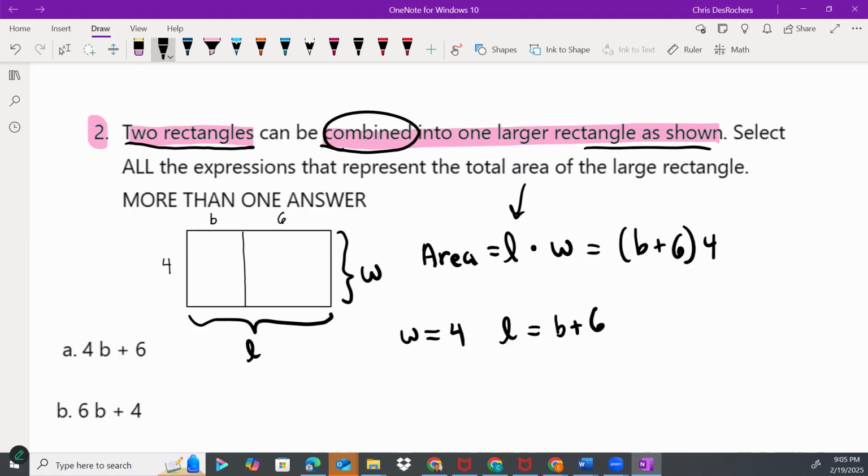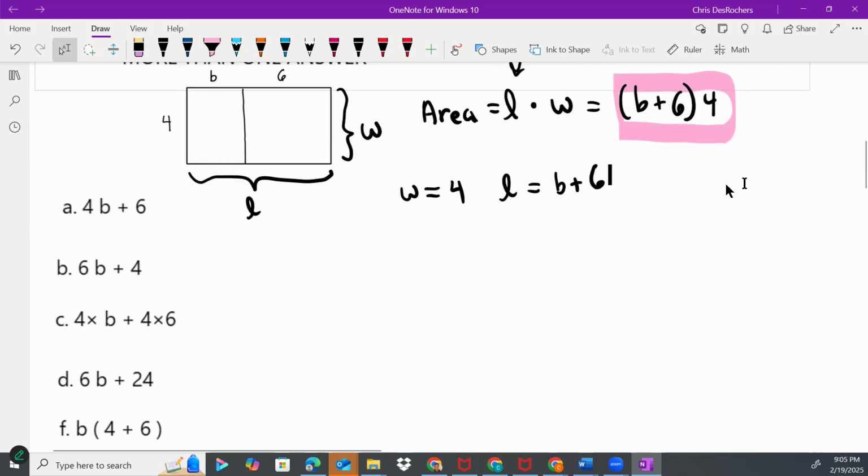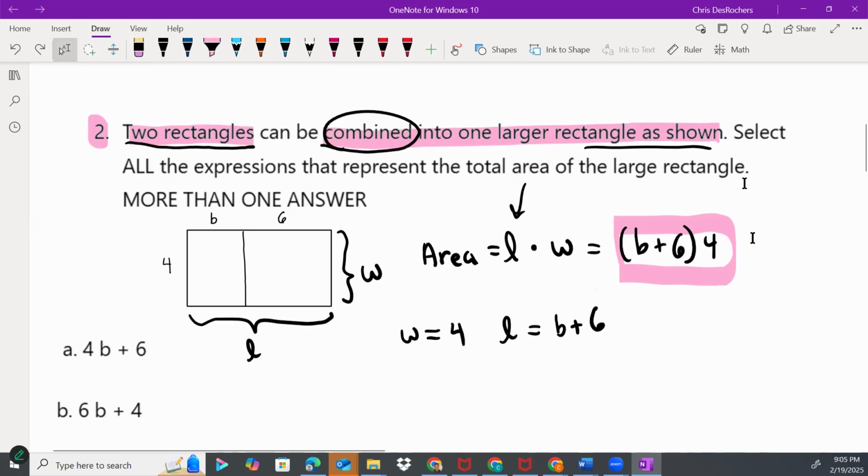And so we're going to try to see, well, is this expression going to be equal to A, B, C, D, or F, or perhaps even more than one of those. But before we do that, we're going to notice that this is in brackets.